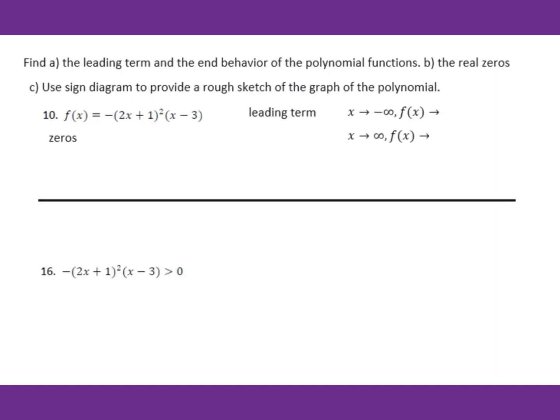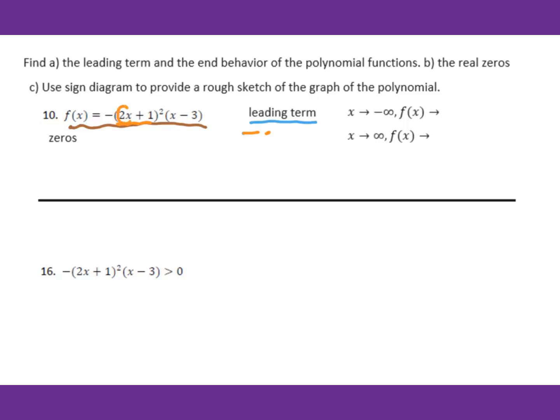Let's do one more example. We have f of x equals -2x plus 1 squared times x minus 3. So for the leading term, go back to each factor. We have a negative sign first. The next factor is 2x plus 1.